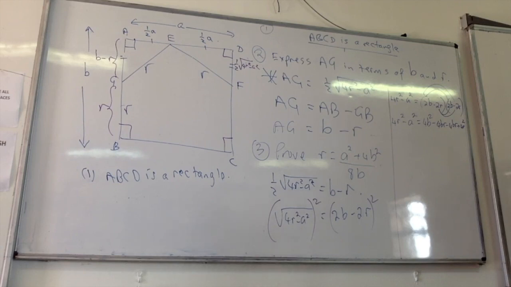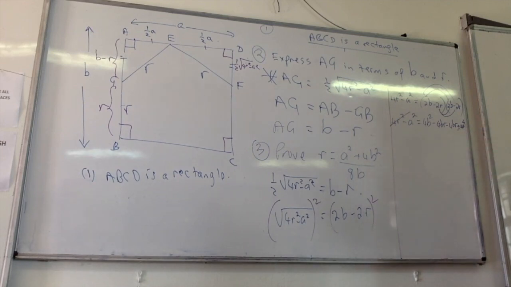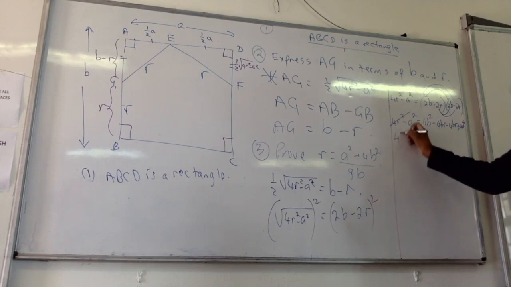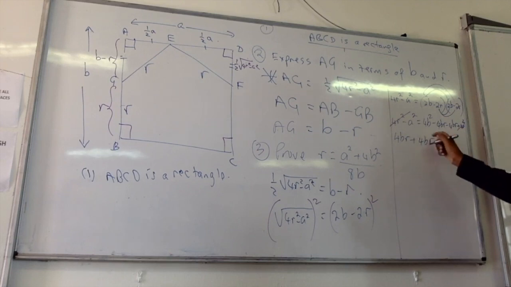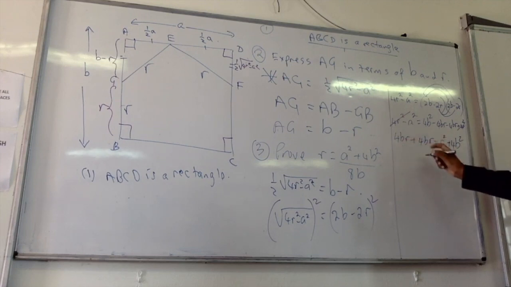But before we even do that, we agree that this 4r squared and that 4r squared will give us 0. So we can ignore those straight away. So let's move these terms with r to the left. So 4br plus 4br is equal to a squared plus 4b squared. 4br plus 4br is 8br, which is equal to a squared plus 4b squared.